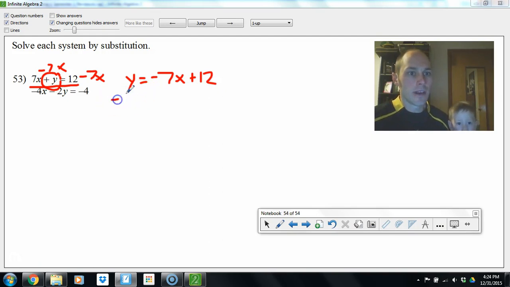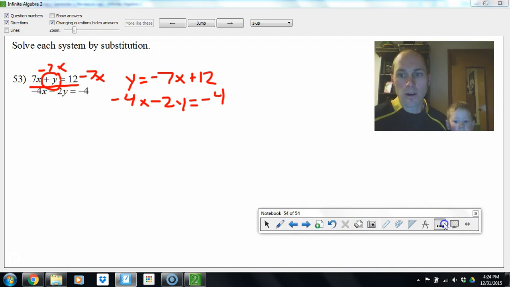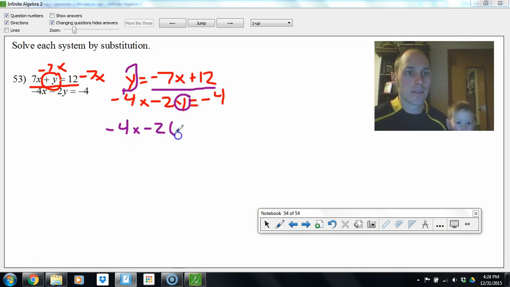And the other equation, we have negative 4x minus 2y equals negative 4. So I know I want to substitute out y. So y is the same as negative 7x plus 12. If I take out y and substitute negative 7x plus 12, that should equal negative 4.